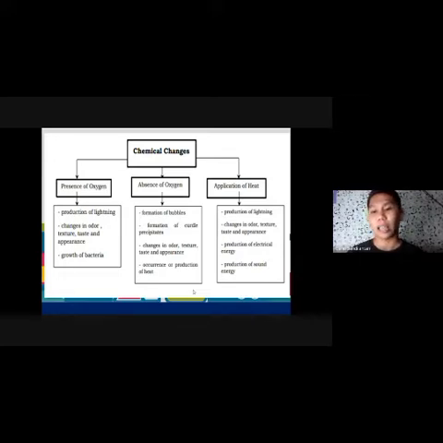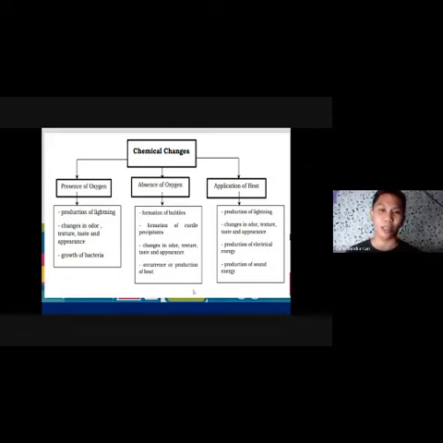Same with burning paper. If you burn a paper, it turns into ash. So kahit anong gawin mo, pabalik-balikin mo pa yung ash na yun, hindi na magiging papel yon. So there is a chemical change happening there.